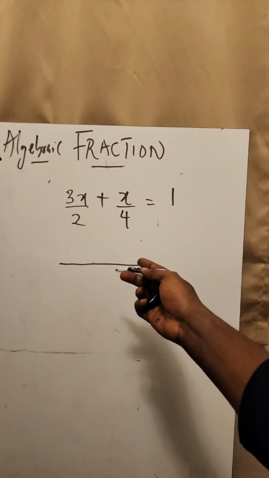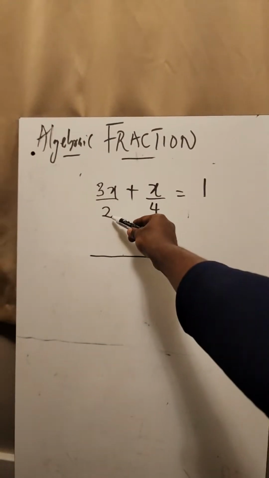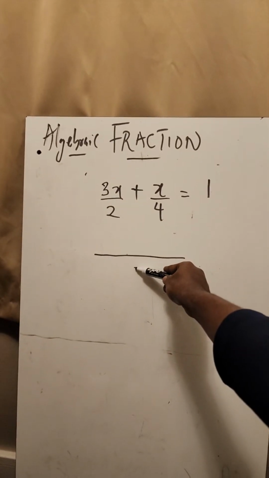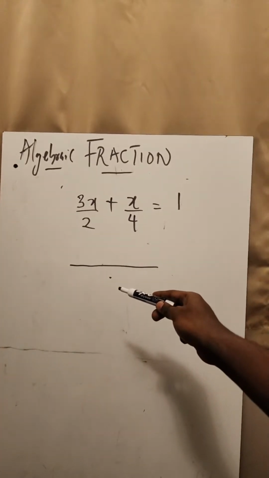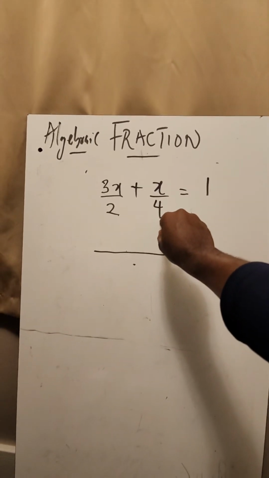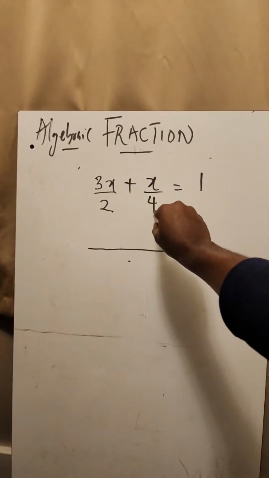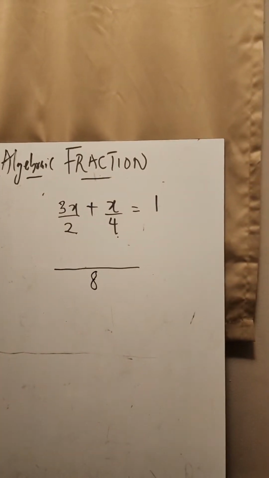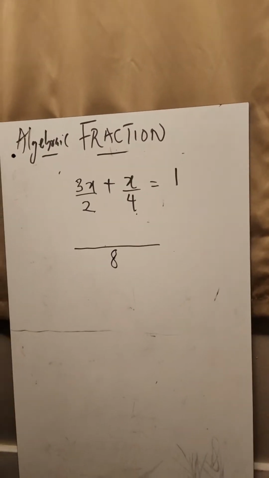The LCM of 2 and 4 is 4. But if you want to make things easy for yourself, multiply 2 and 4, and you have 8.